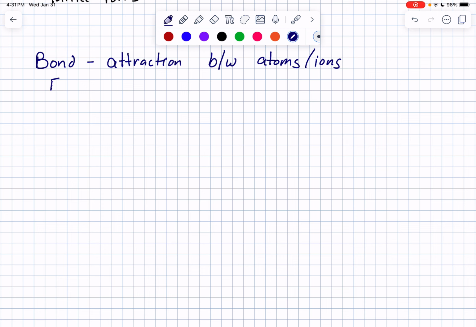So forming bonds is an attraction, and forming that attraction releases energy due to being more stable.